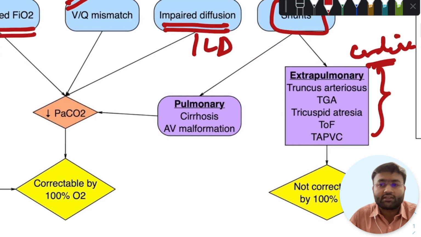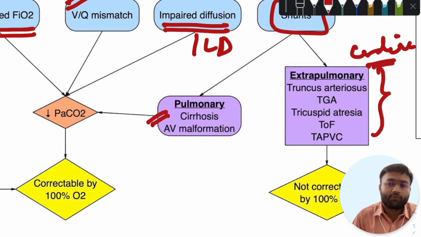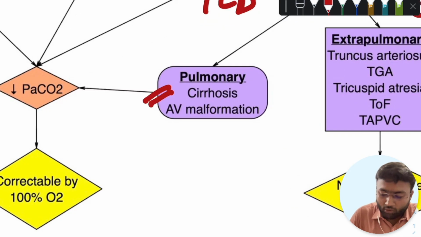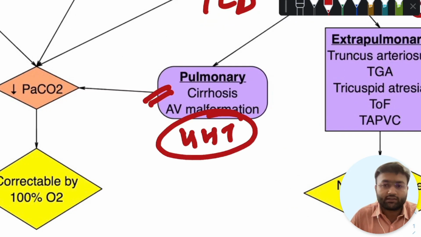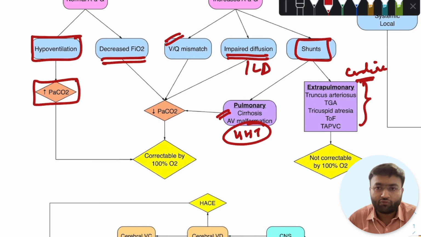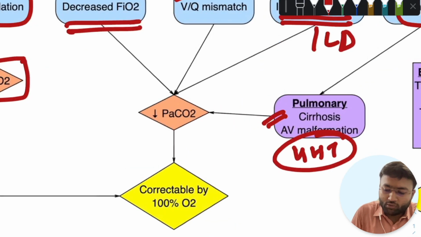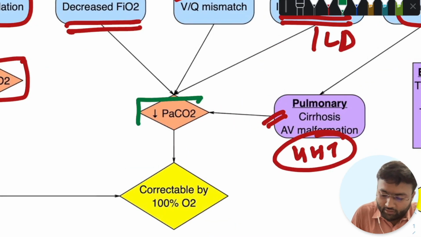So think of various congenital heart diseases, cyanotic congenital heart diseases. And in pulmonary etiologies, remember cirrhosis, because it will cause hepatopulmonary syndrome, AV malformations, and also hereditary hemorrhagic telangiectasias, which can also result in pulmonary arteriovenous shunts. In all these etiologies, except for hypoventilation, PaCO2 value will be decreased.